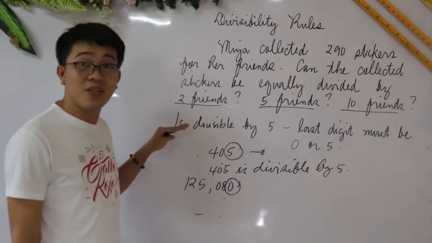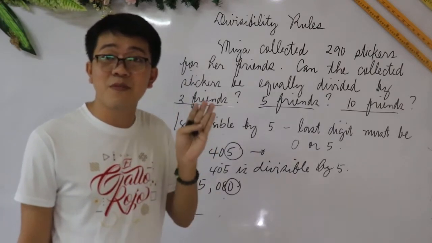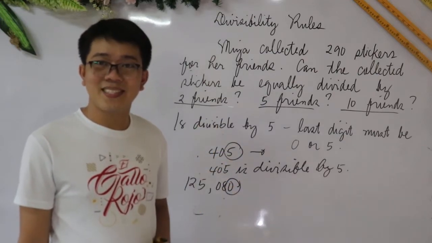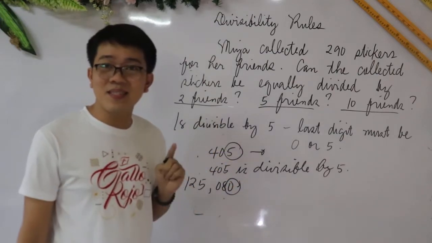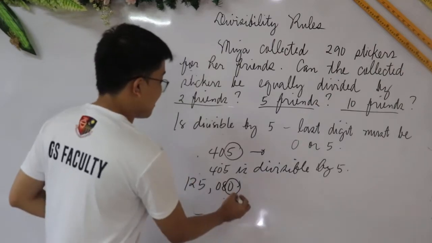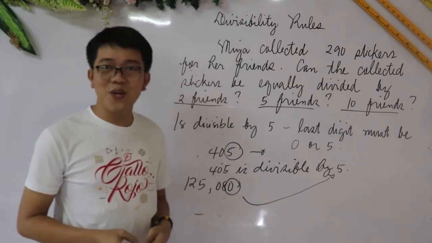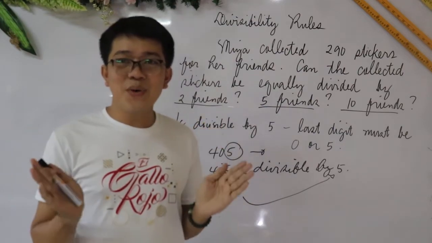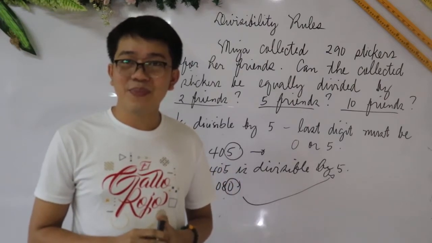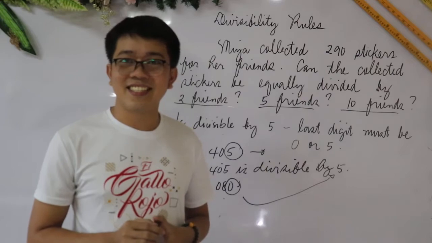Yes, because according to the condition, a number is divisible by 5 if it ends with 5 or 0. This number ends with 0, so definitely it is divisible by 5 also. Can you give your own number that is divisible by 5? If you wish, drop it in our comment section.